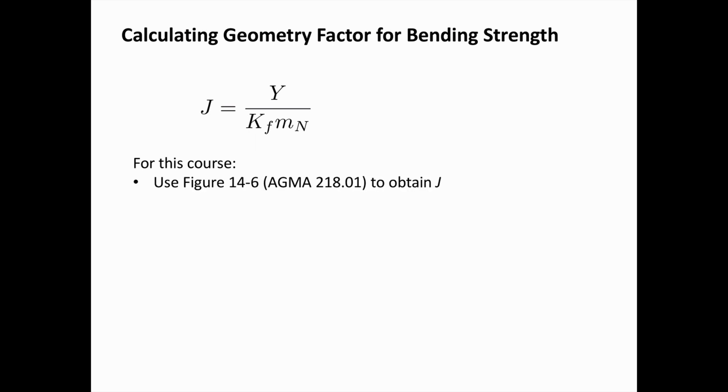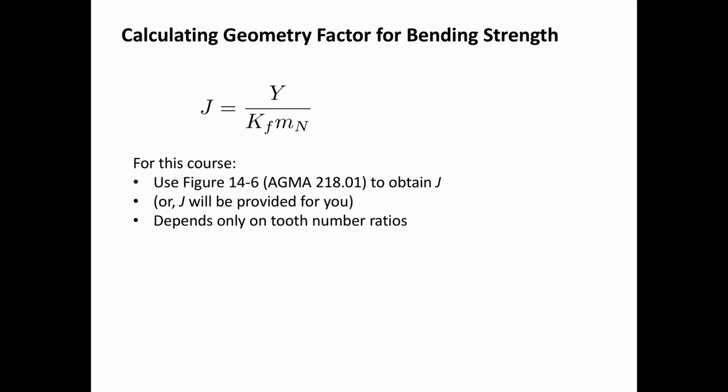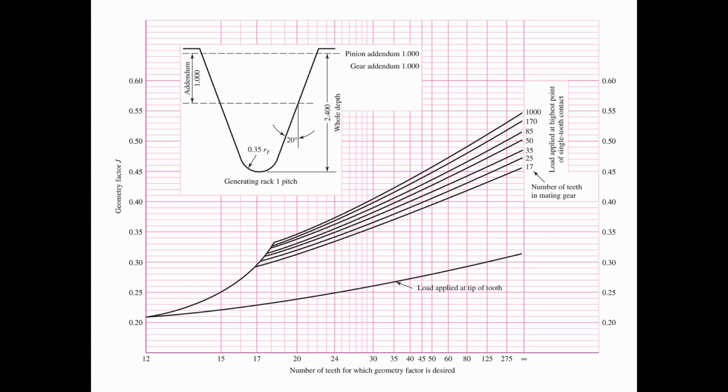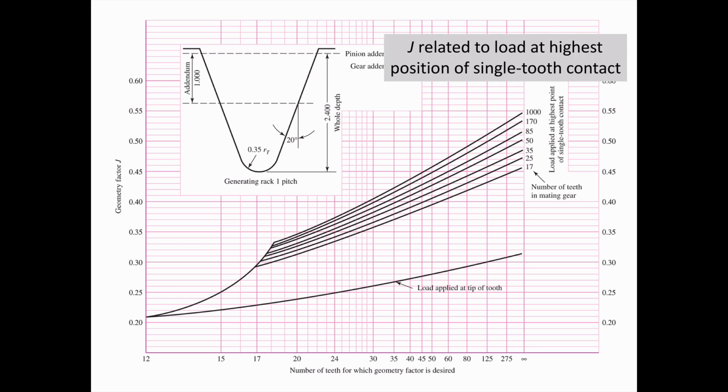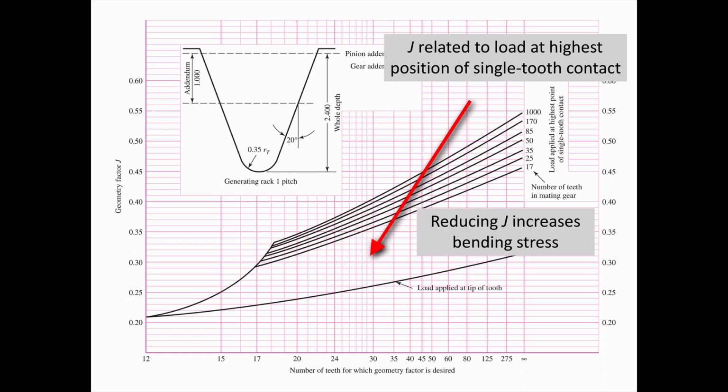For this course, you can simply use figure 14-6 to obtain J, or J will be provided for you. This depends only, in this case, on tooth number ratios. Here's the figure. J is related to the load at the highest position of single tooth contact. And remember, as we reduce J, that increases bending stress.